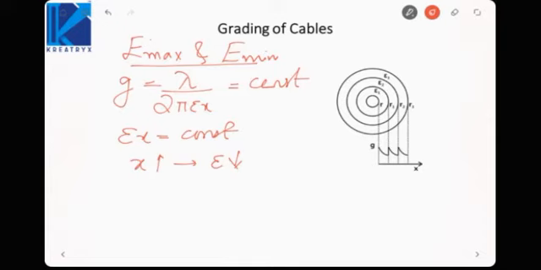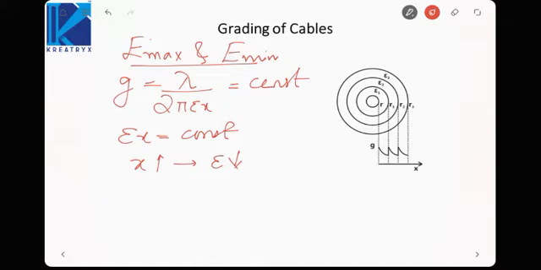But the thing is, one material can have only one value of permittivity. So that means as we move outward, we must continuously change the insulating material. But that means we would require an infinite number of insulators, which is not possible practically. Okay? Because at every point the permittivity will be different and the material will also be different.